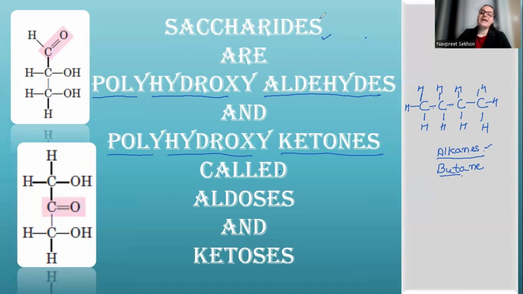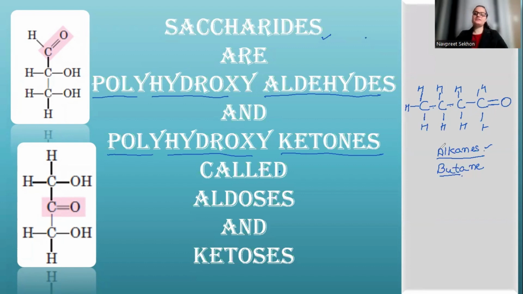Now, take any of the two terminal carbons. Let's say this one decides to satisfy its valency not by hydrogens, but with the help of oxygen. As we know, oxygen tells you that if you really want to form the bond, then you will have to form a double bond. So the oxygen forms the double bond over here.